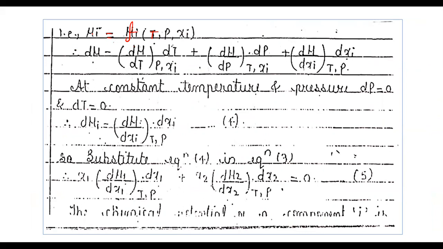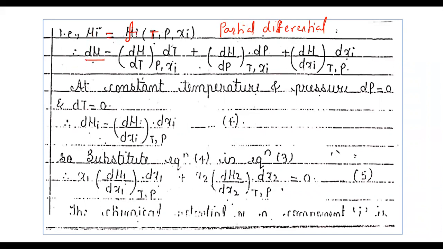Now let us do the partial differentiation of this equation for the chemical potential. So the change in the chemical potential is d mu.